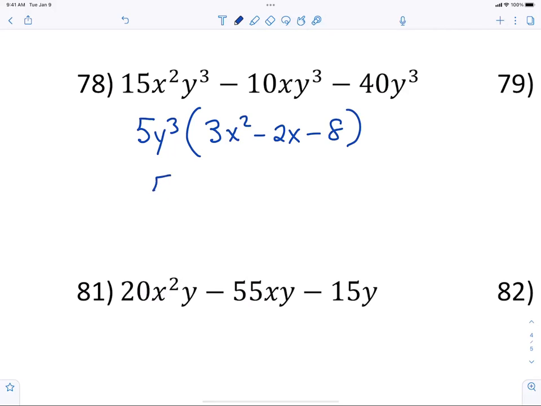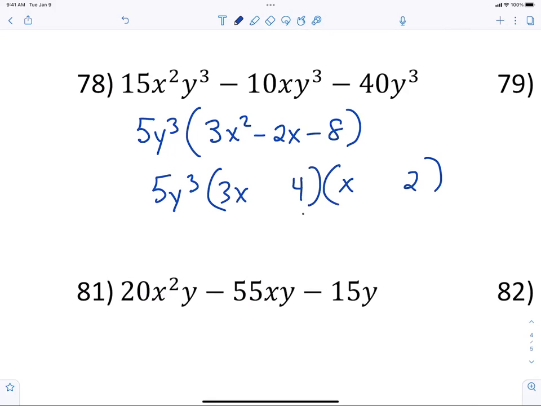All right, here we go. 5y cubed, parentheses, 3x and x, 4 and 2, probably 4 on the left, 2 on the right. How much here? And how much here? That looks good, right? 4 and 6 makes -2. So the 4 is positive, the 6 is negative.